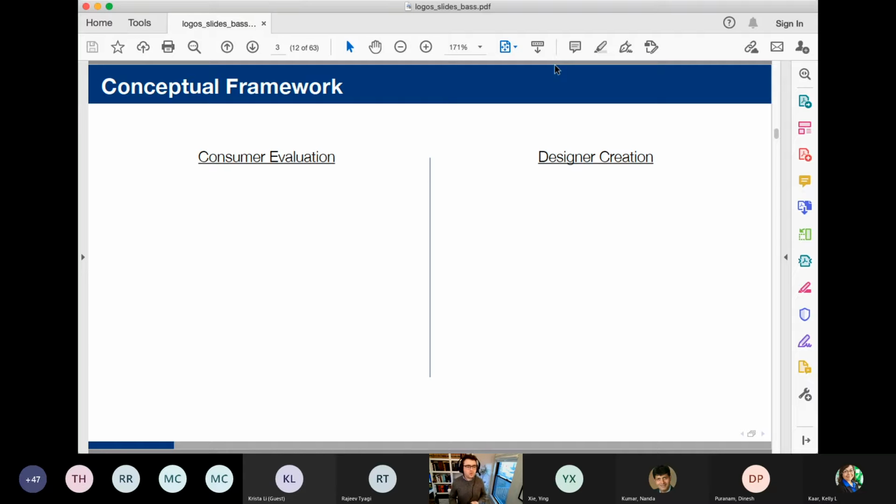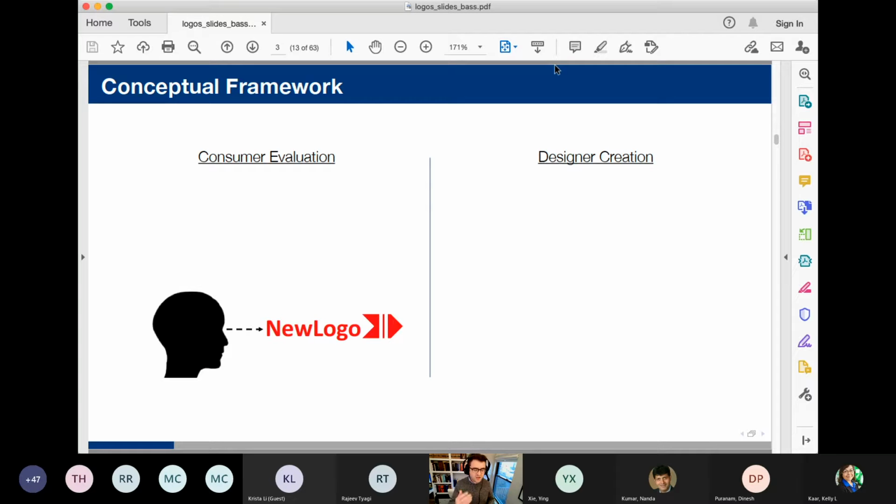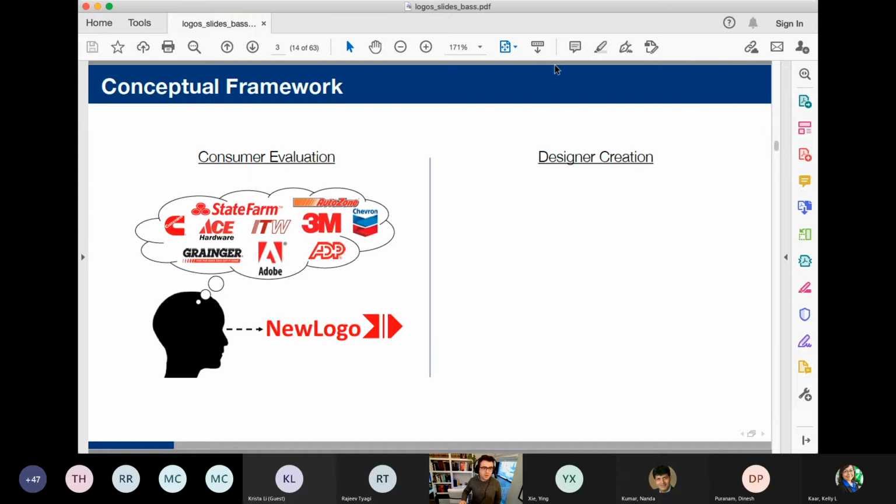So when I think about how consumers evaluate new logos, the idea is, as I said a second ago, suppose I'm out on the street and I see a new logo that looks like this red logo here. The large literature on information processing and consumer behavior tells us that the inferences a consumer is going to make when confronted with this logo are going to be based on logos or brands or companies that have had similar visual imagery, similar logos to the logo that I'm seeing now.